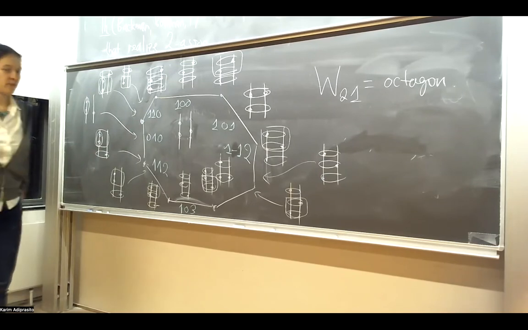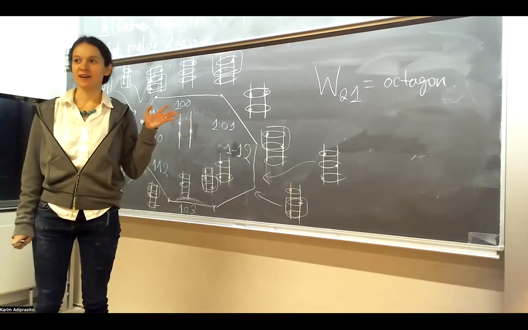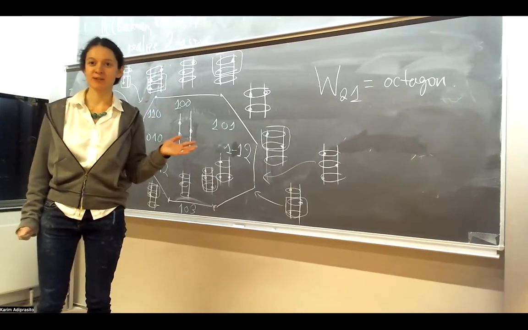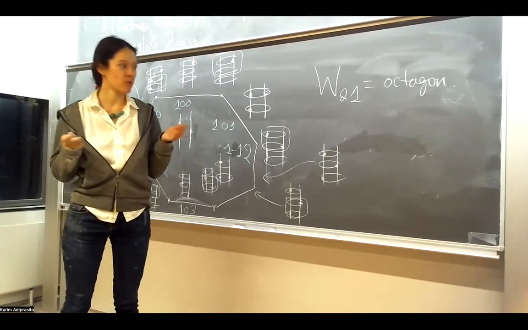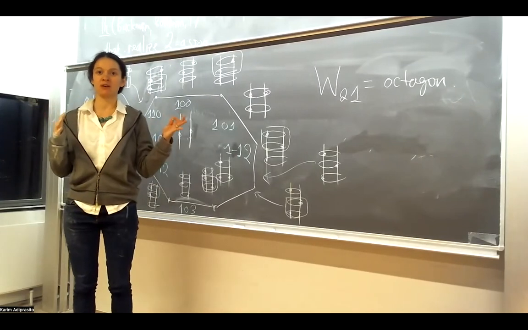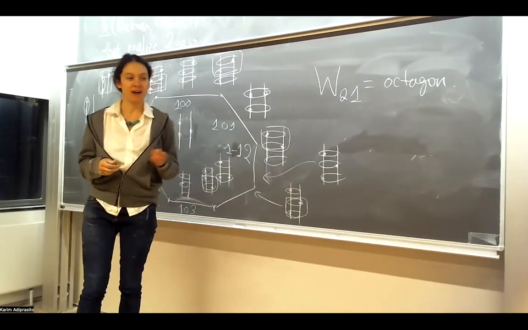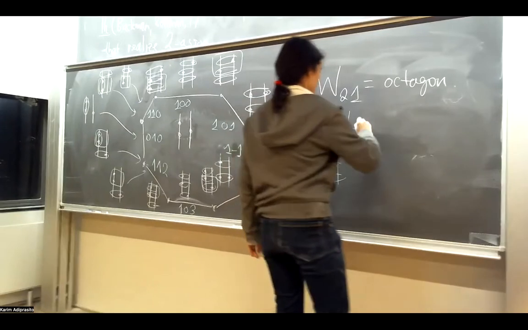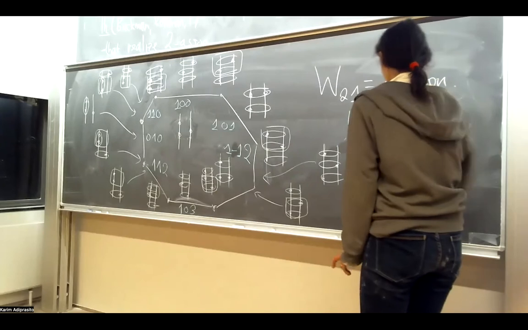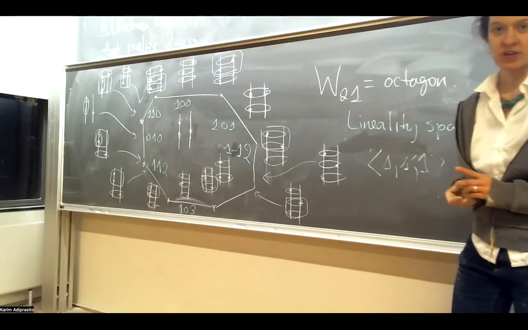And then this is a fan that lives in the space of dimension one higher. So similar to how for the associahedra, I had a separate equation for the hyperplane, in the fan language, that corresponds to a linearity space, and the linearity space is in this case spanned by a vector 1, 1, 1, like for associahedra.